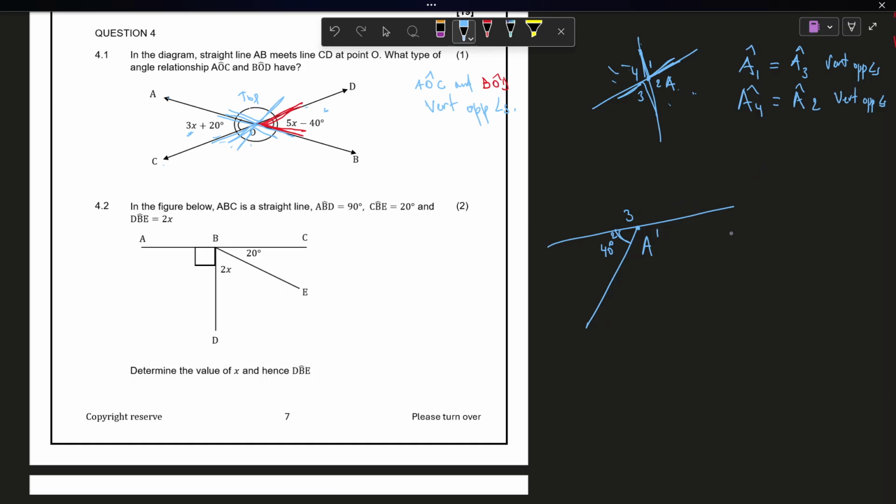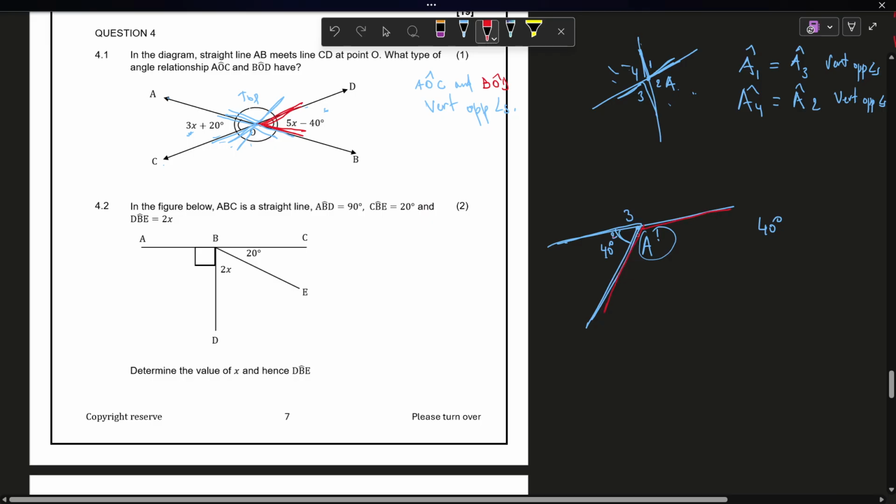So what will be angle A1? We understand that 40 degrees and A1 are on the straight line, right? So let me just delete this. 40 degrees is from here up to there, and this angle A1 is from there to there.